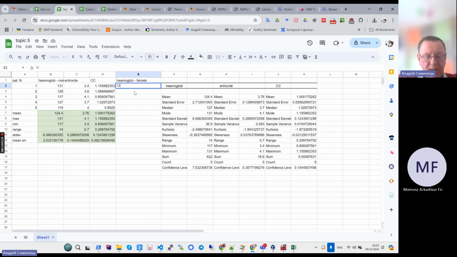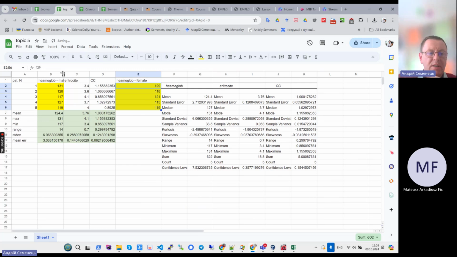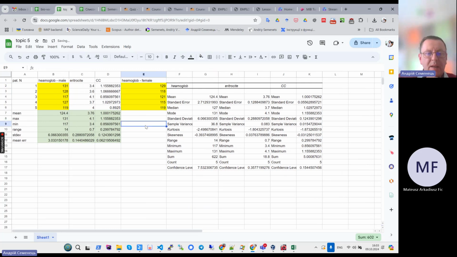I need to imagine this data. Something like this. Okay, something like this. Let me compare and answer the same question as in the example: is there any difference between these parameters for different genders, male and female?